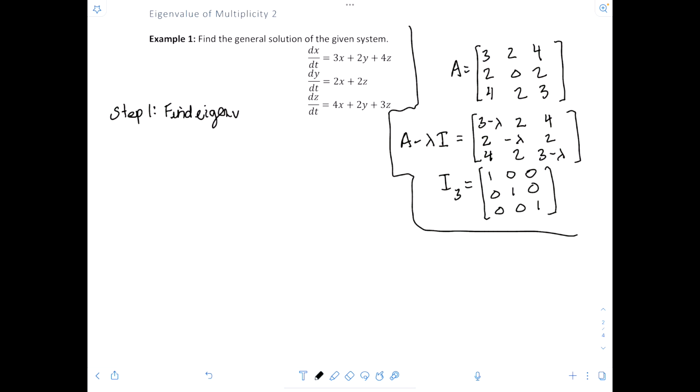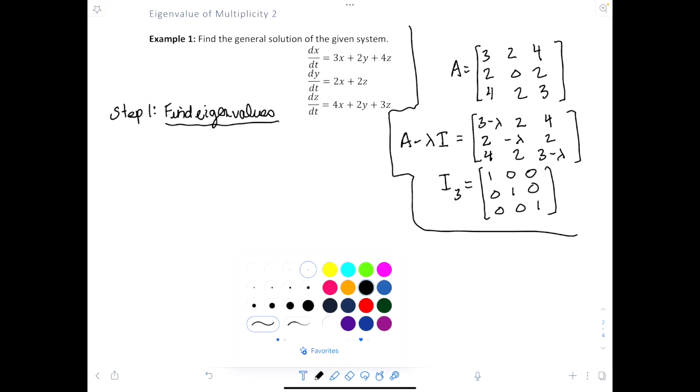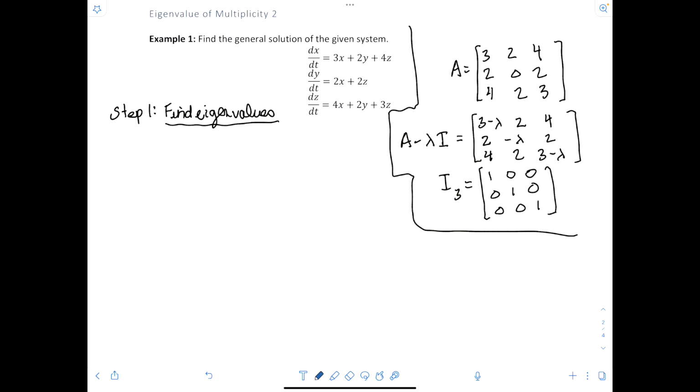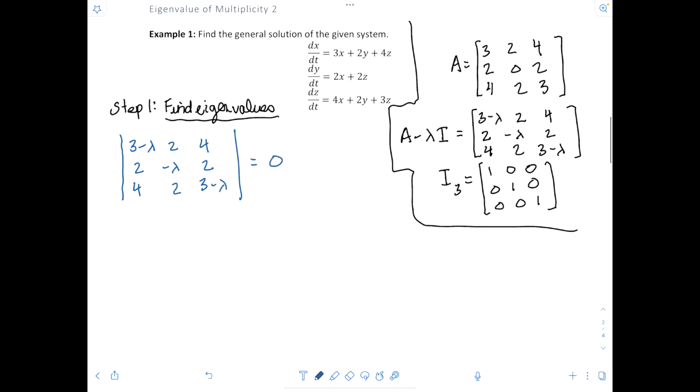Okay, so step 1, we want to find eigenvalues. So, setting up our characteristic equation, remember we want the determinant of A minus lambda I. So 3 minus lambda, 2, 4, 2, negative lambda, 2, 4, 2, 3 minus lambda, and that is set equal to 0.